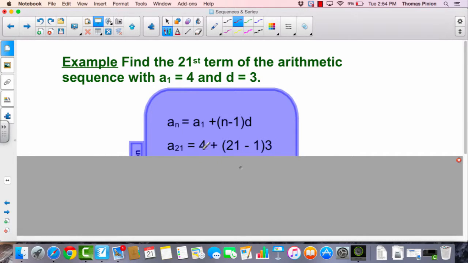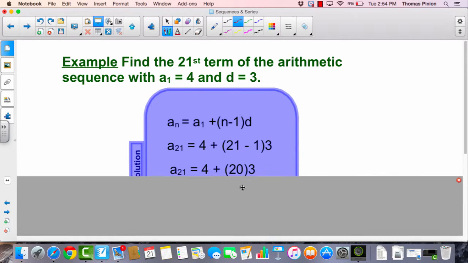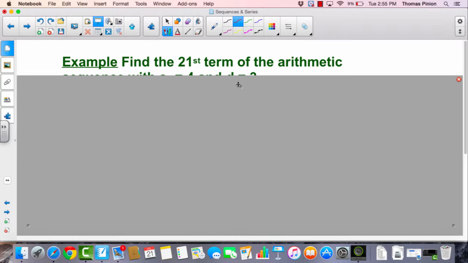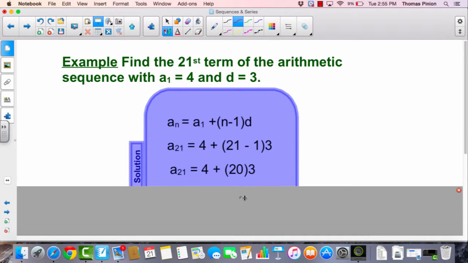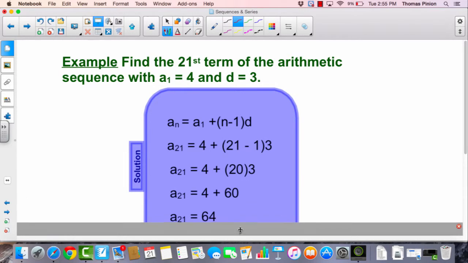We also put 21 in for n since we're trying to find a sub 21. Since 21 minus 1 is 20, we now can use PEMDAS and do 20 times 3, which is 60, and then add the 4 to get a sub 21 equals 64.